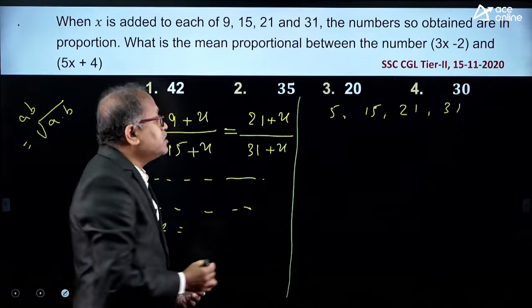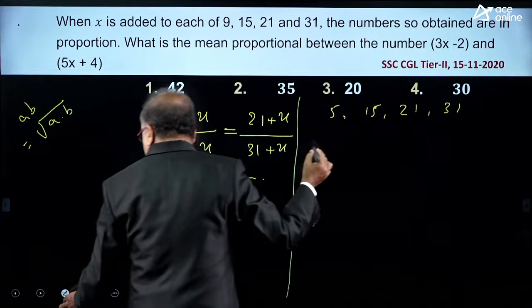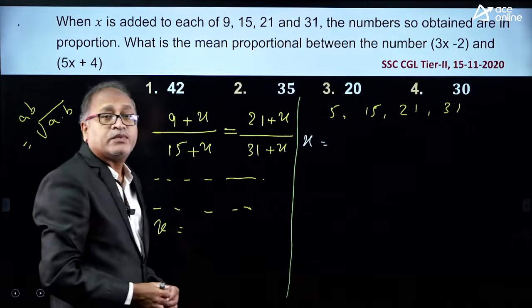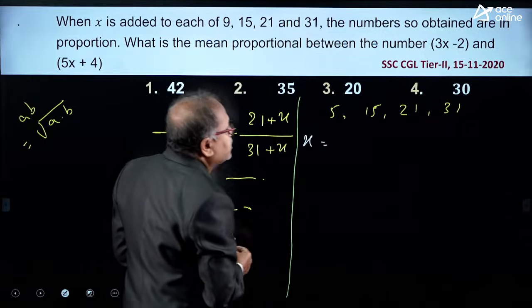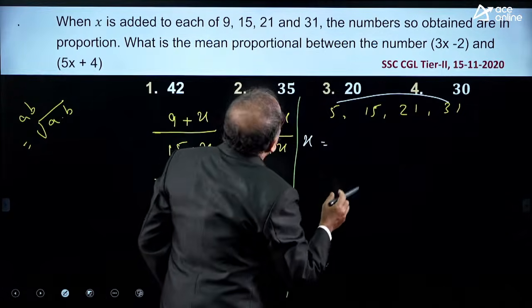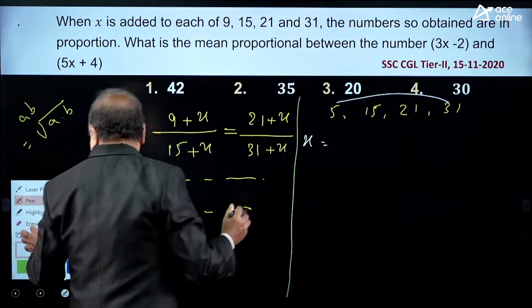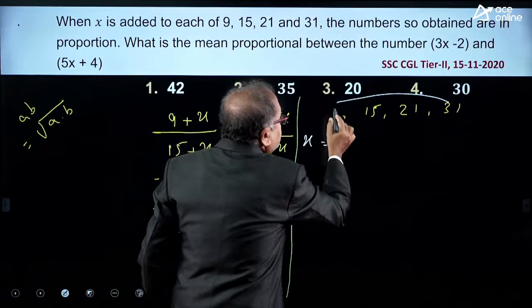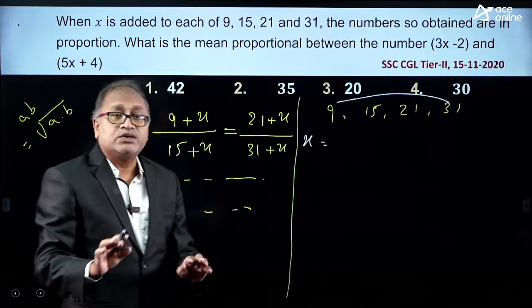I will directly get the value of x this way. X is equal to, multiply these numbers, 5 into 31, it's not 5, it is 9. So let me correct this number. So this is 9. This is the best way.